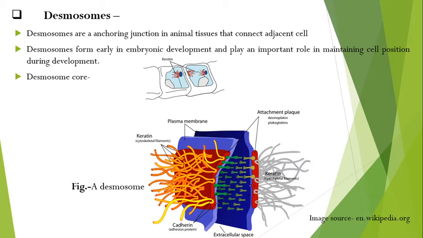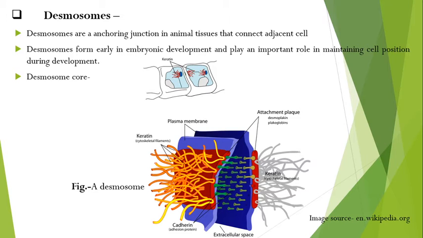Different types of cells have different cadherins. See the extracellular space, which is the desmosome core, filled with filaments and granules of proteins called desmocollins and desmogleins.